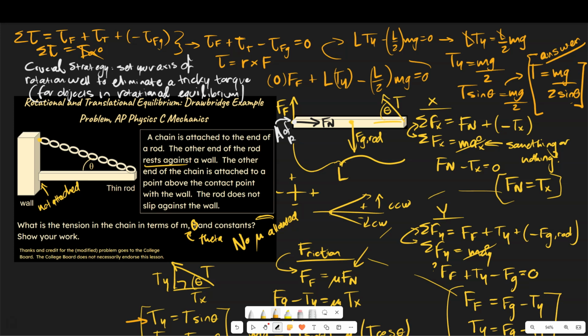That's in the white letters right there. And the crucial thing is you want to set it at a point so that a torque is equal to 0. In other words, if our axis is right there and our force due to friction is right there, then it's fair to say this axis of rotation causes this torque to be equal to 0, which simplifies the problem for us. So that's how to think through problems like this.